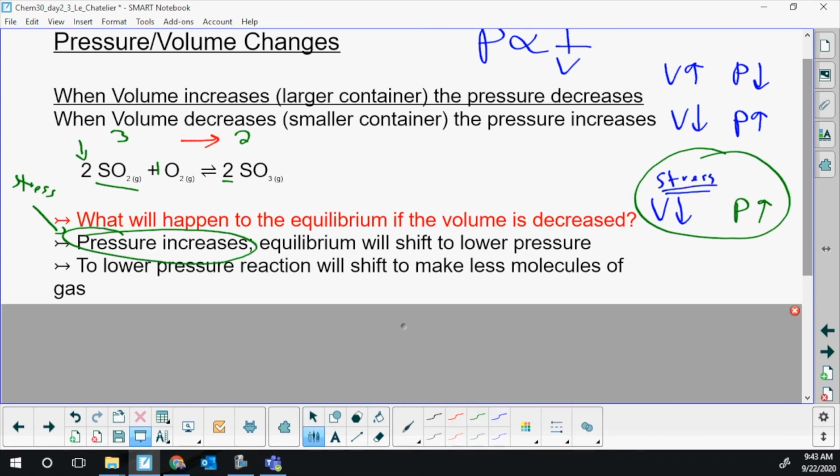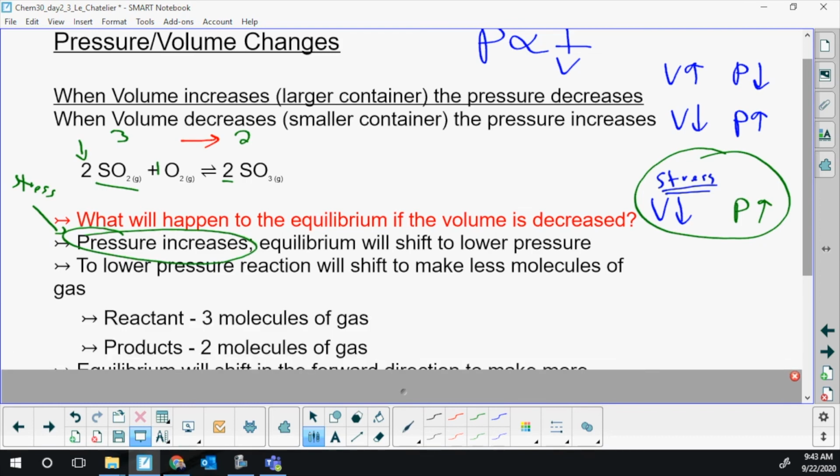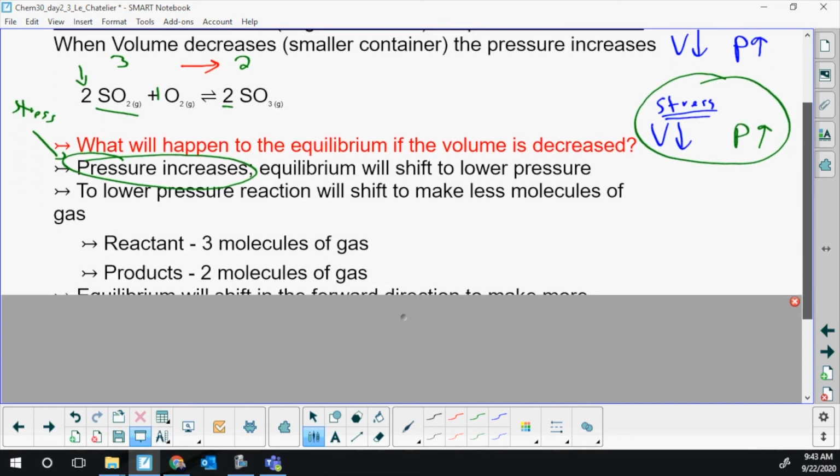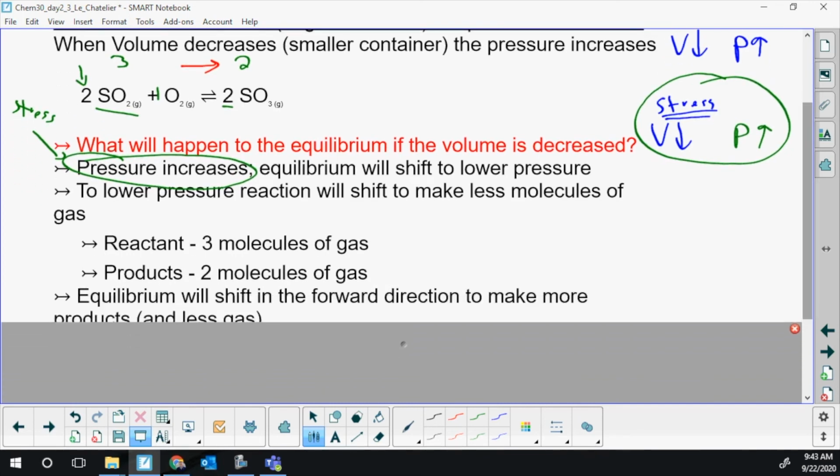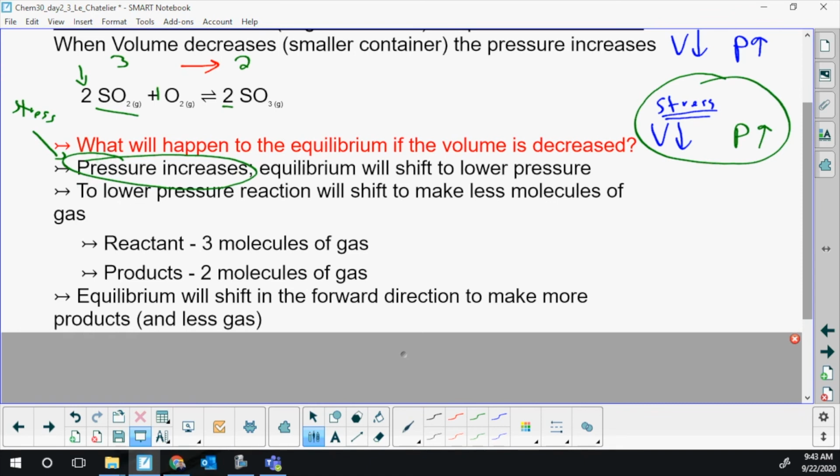We want to take 3 gas molecules and turn them into just 2, and then there'll be less pressure. We're getting that forward shift, more products, less reactants.